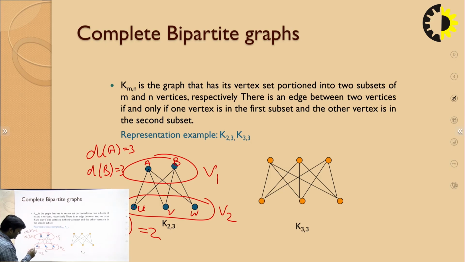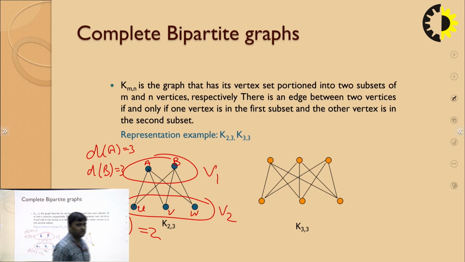U is connected with A and B, so the degree of U is 2, the degree of V is 2, and the degree of W is 2. Then this graph is known as a complete bipartite graph.